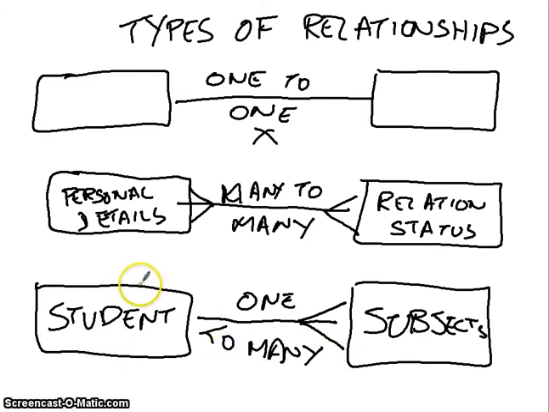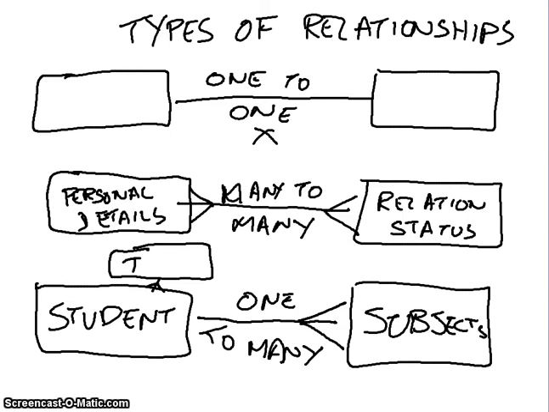Okay, one teacher can have many students. Yeah, one student can have many teachers. You see how we get stuck into it. So they're the types of relationships. I'm probably using the worst examples in the world here, but you will find in life there are lots of one-to-many relationships, and that's what we should aim for.